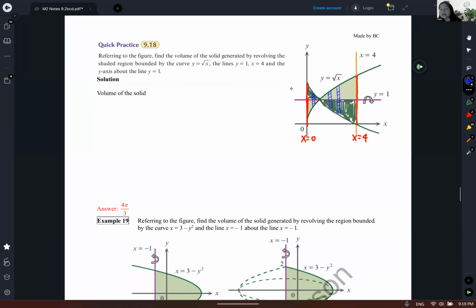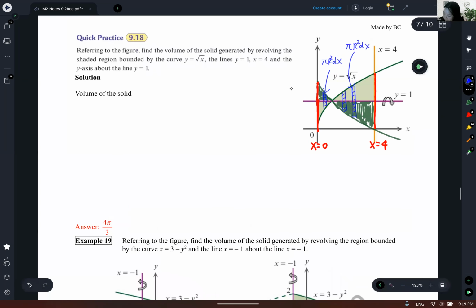Now each piece is a disk. Each piece is pi r squared dx. This one is also pi r squared dx. It's a slight variation though.